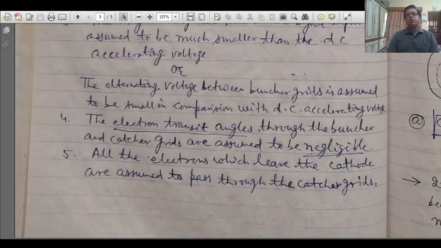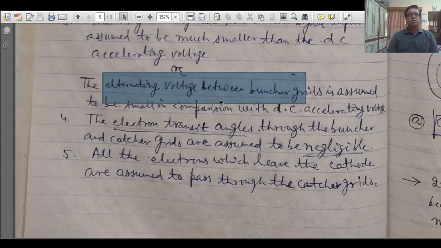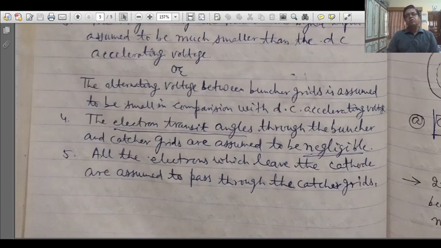The alternating voltage between the buncher grids is assumed to be smaller in comparison with the DC accelerating voltage. Electron transit angles through the buncher and catcher grids are assumed to be negligible.